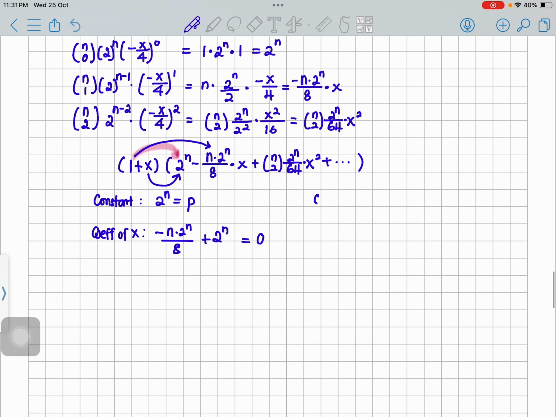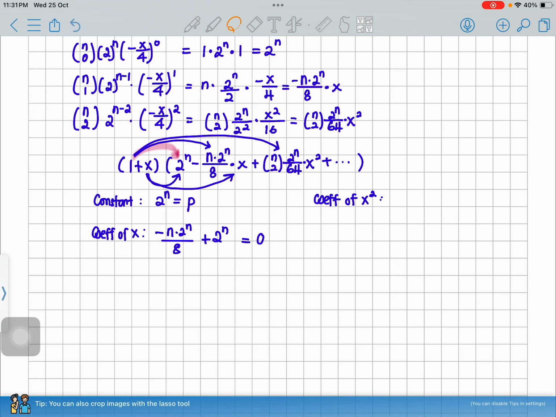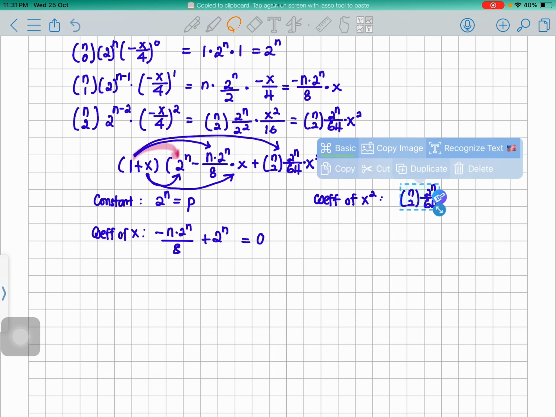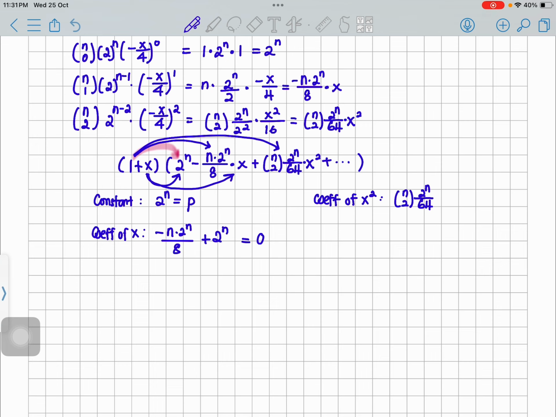Now let's do the coefficient of x squared. So I'll take the 1 and multiply with this, and I will take the x and multiply with this one. So what will we get? I will get all of this plus, or in that case minus, n 2 power n over 8. Okay, this does look quite scary, and this whole thing is equal to q.